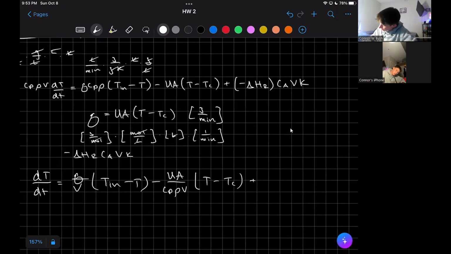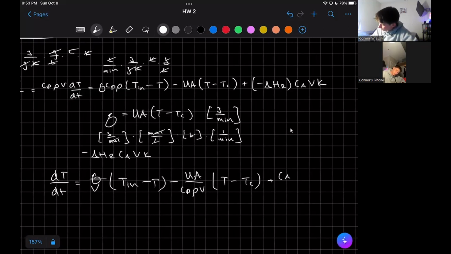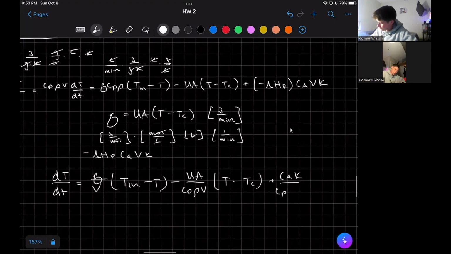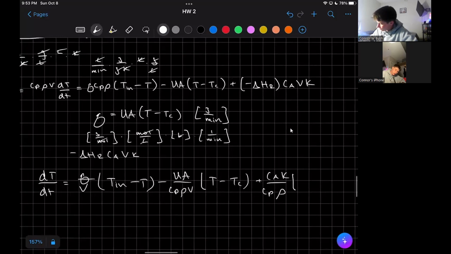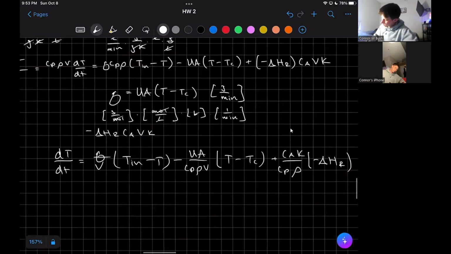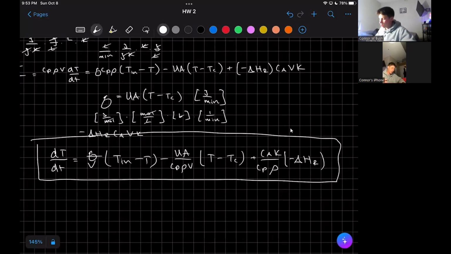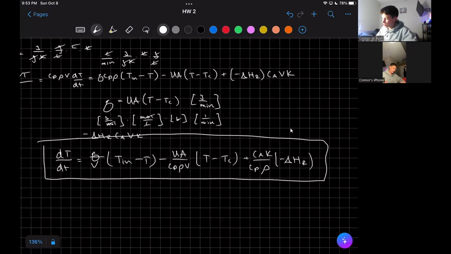And then finally, the concentration times the rate constant divided by our heat capacity and density, and then this is multiplied by the negative heat of reaction. So this is our expression for the change in temperature with respect to time using an energy balance.